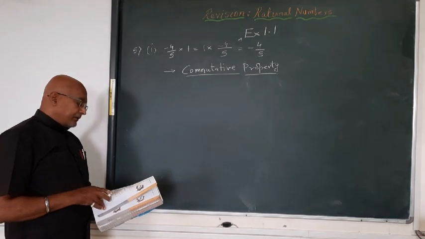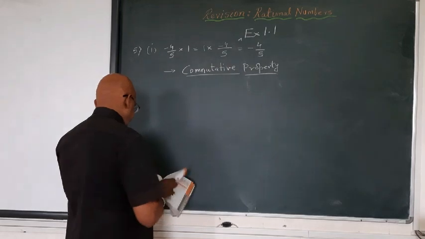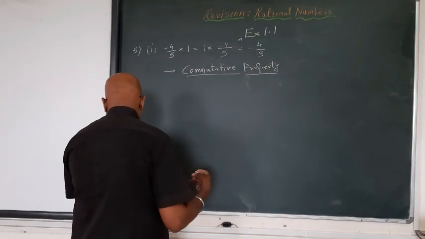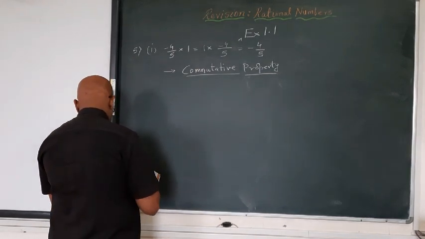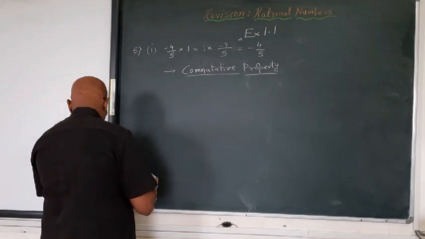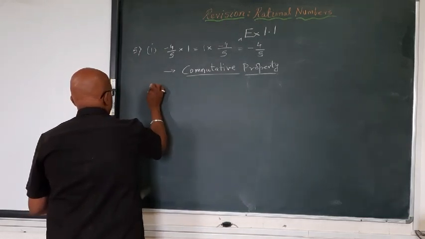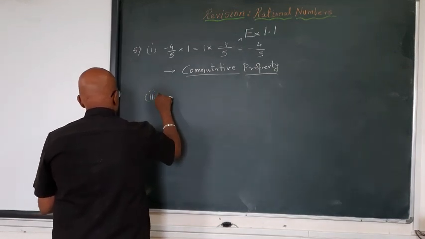This is the commutative property. Next, the second one is very similar to this, so I will go for the third one.